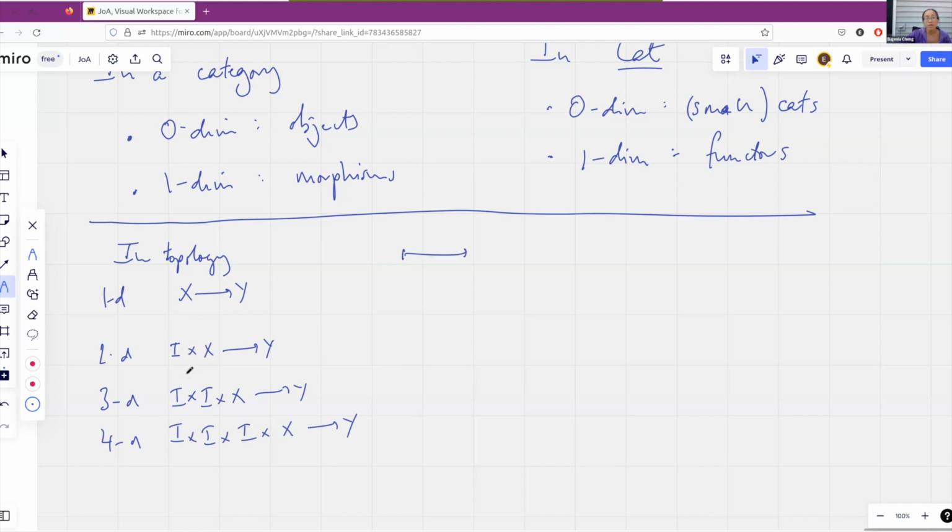And then here, what we have is I cross I, which is a unit square. And then I cross I cross I is a unit cube, all filled in.